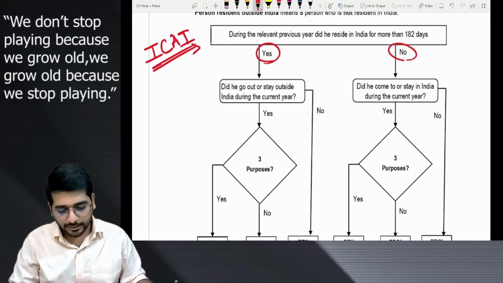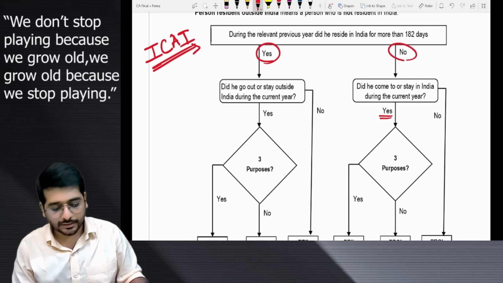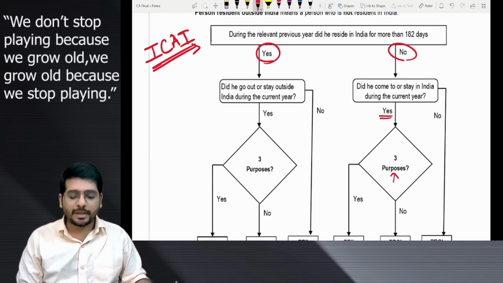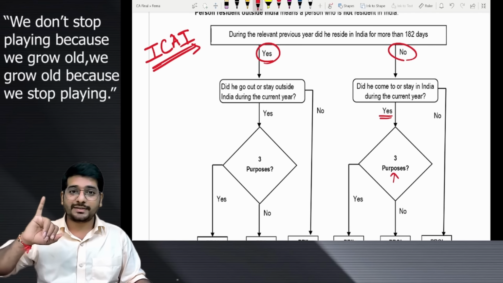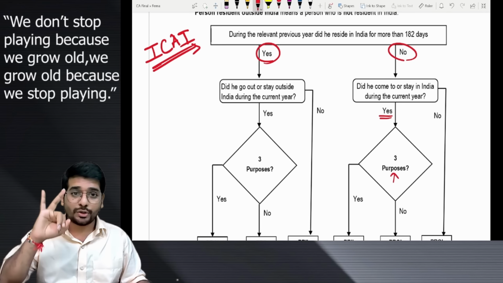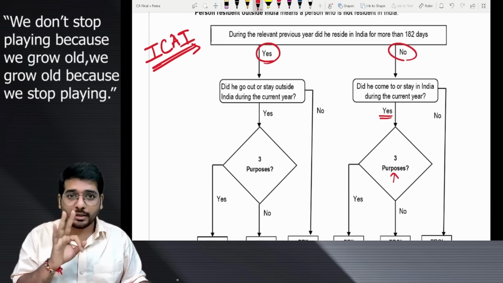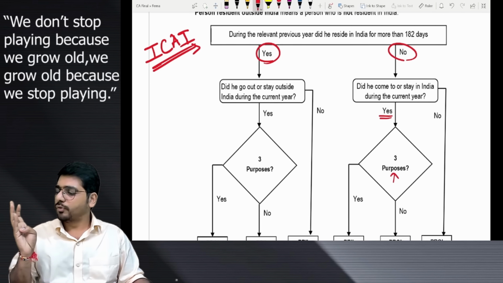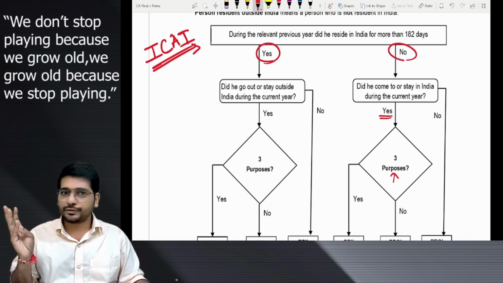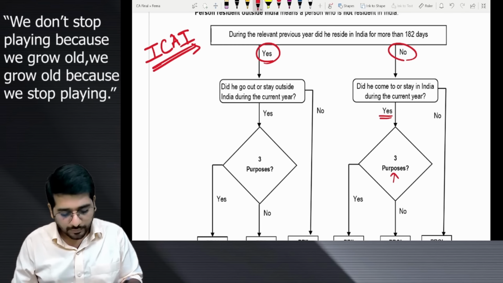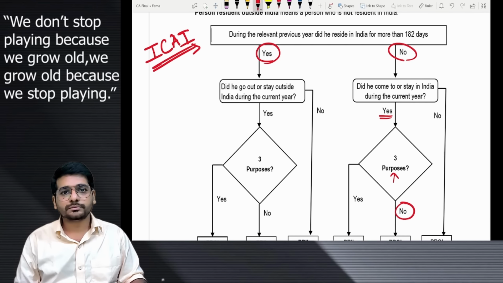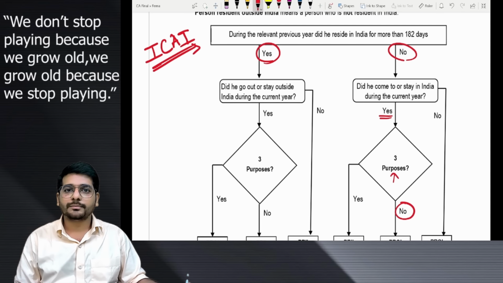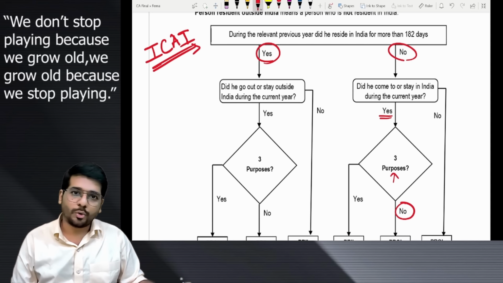Did he come for any of the three purposes: business, employment, or any uncertain or specific period? Vocational is not there, business also not there, employment also not. No, sir. Then he will be treated as a PROI.